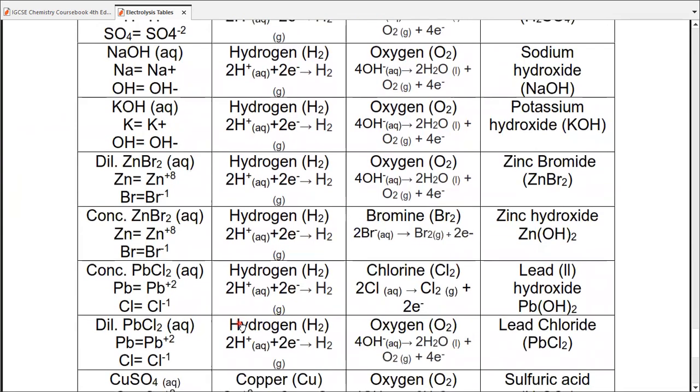Okay, this one's good. Copper sulfate aqueous. The tricky part is there is no dilute or concentrated written next to it. Yet you're supposed to solve it. Go ahead, tell me the reason why you're going to get copper at cathode. Because it was an exception and it is less reactive than hydrogen.